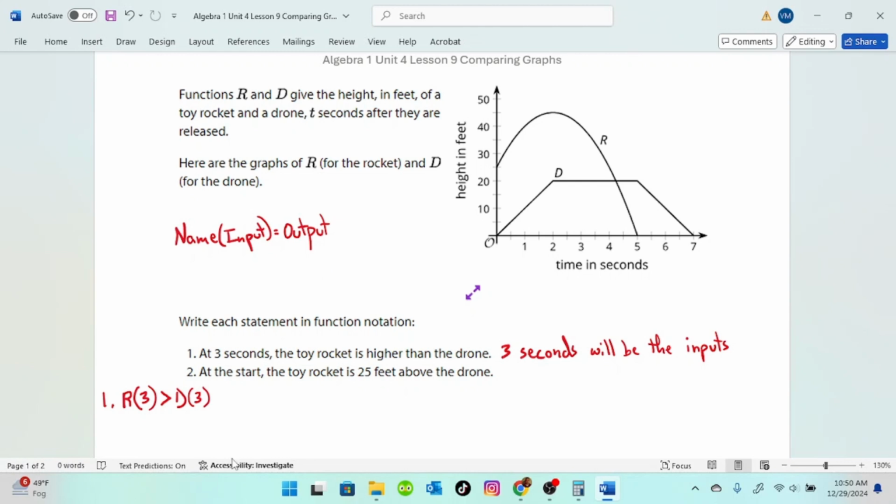So the function notation for number 1 is capital R of 3 is greater than capital D of 3. And we can see that right here. Capital R at 3 is this top red dot, and capital D at 3 is this bottom red dot.